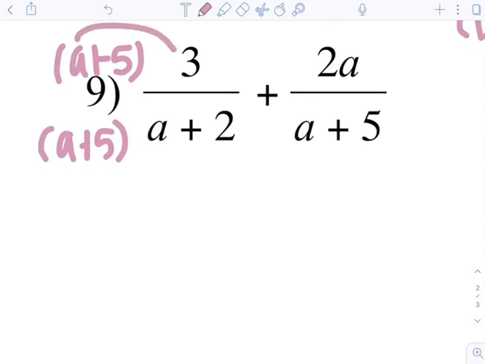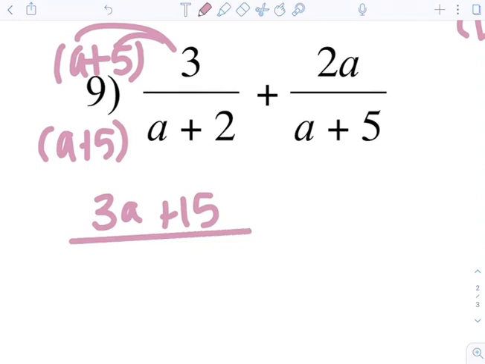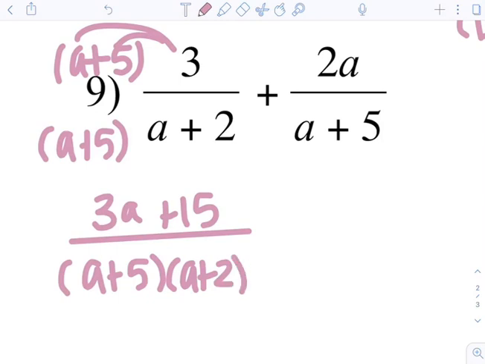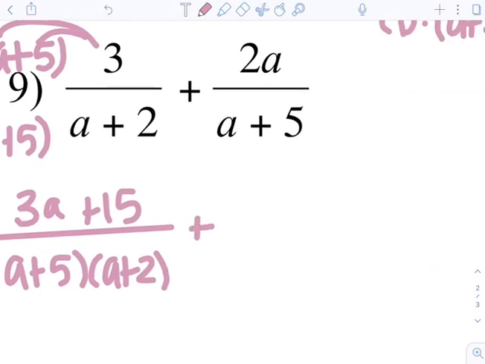distribute in the numerator. So I get 3a plus 15 over, and then do not FOIL in the denominator. Leave it as a plus 5, a plus 2. Okay, same thing for the second fraction. I'm going to multiply by the other denominator, so I'm going to multiply by a plus 2.